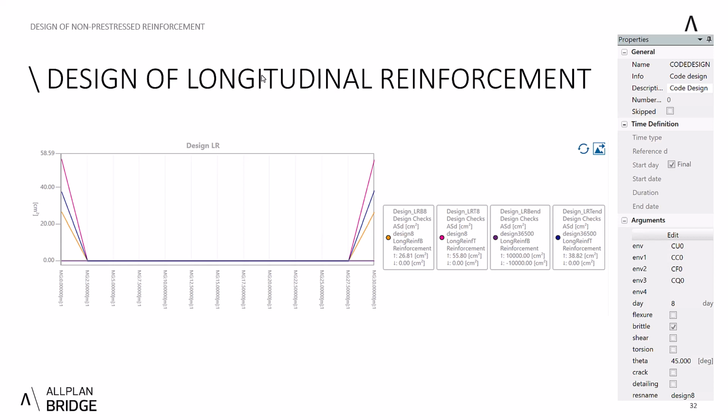As the danger of brittle failure appeared in the sections at the ends of the girder, we performed the design for brittle failure only. Allplan Bridge calculated the feasible and economic reinforcement both in the bottom and top reinforcement layers in regions 2.5 meters from the ends of the beam.